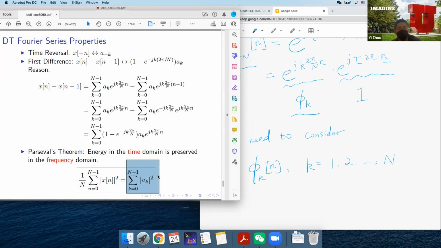And on the right-hand side, it's basically summing up, collecting all the energies in the frequency domain. But in the discrete time case, we only have a finite number of basis eigenfunctions. So the summation on the right-hand side only involves a finite number of terms.